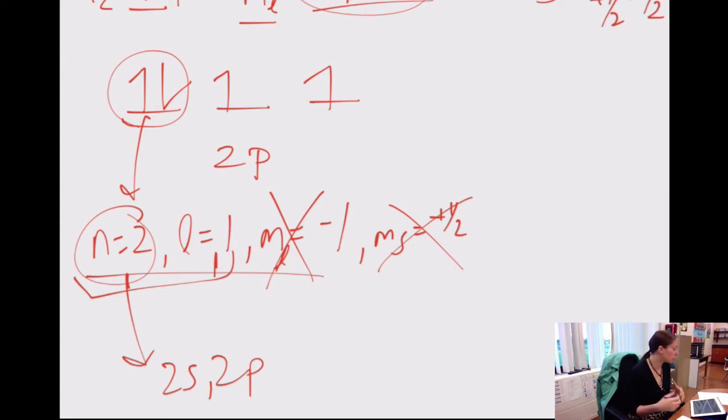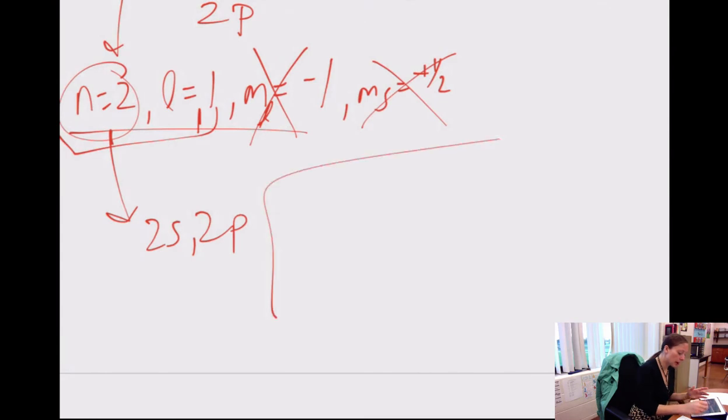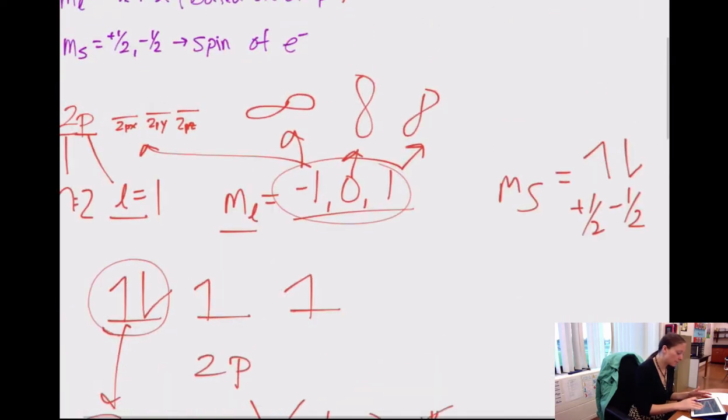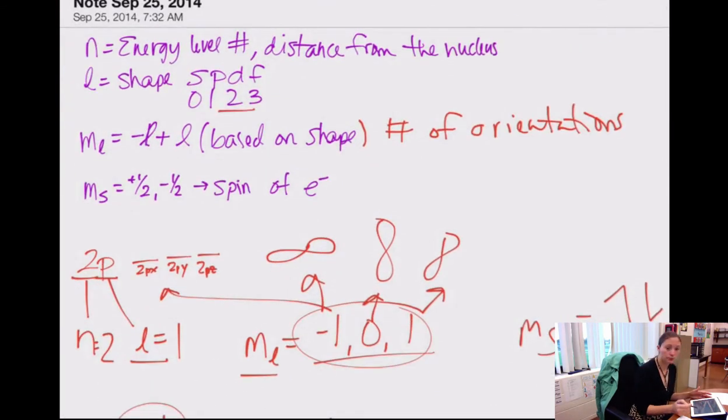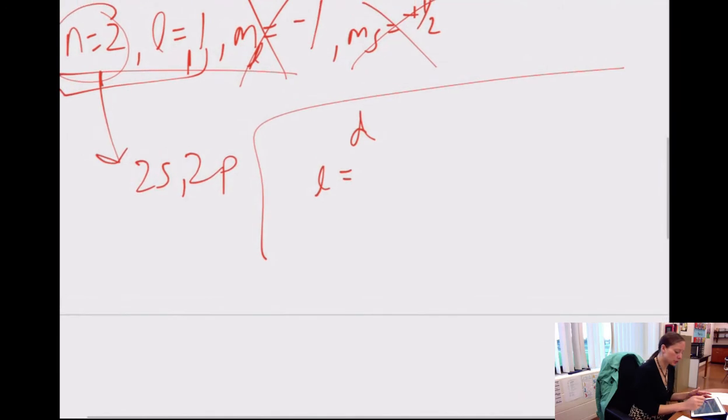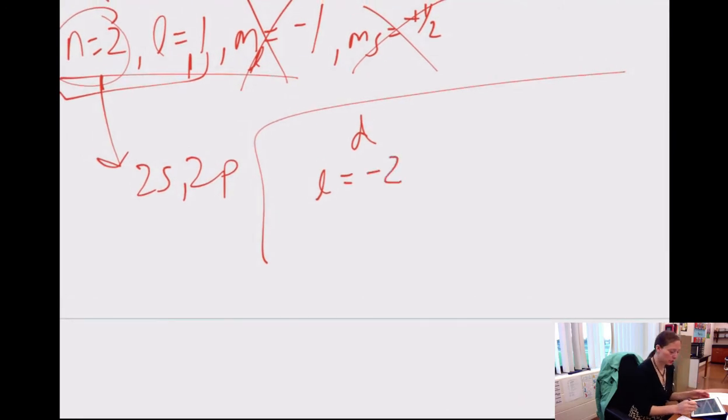There's a big chart on the next page of your notes talking about possible values of M sub L. Notice that for a D shape, the L for D is 2. So my M sub L's should go from -2 to 2. Let me write that better.